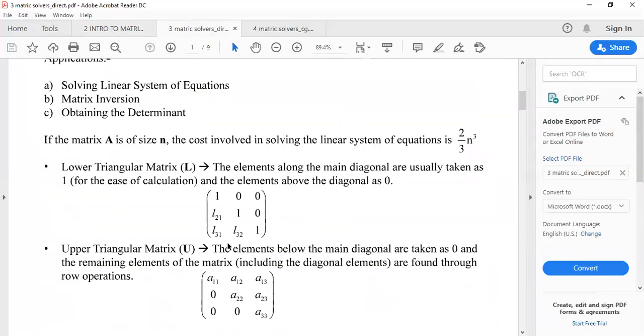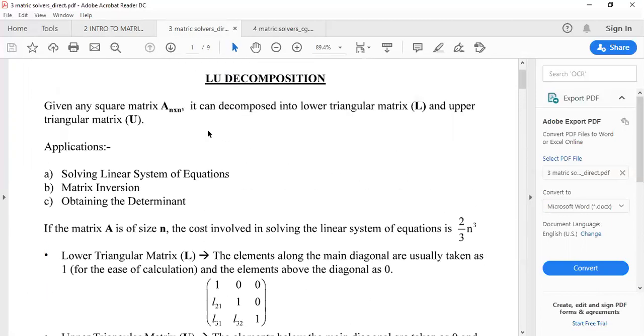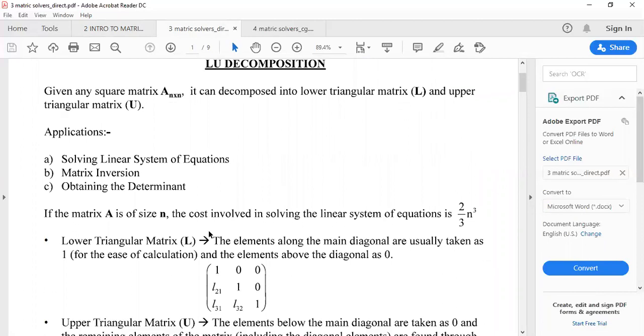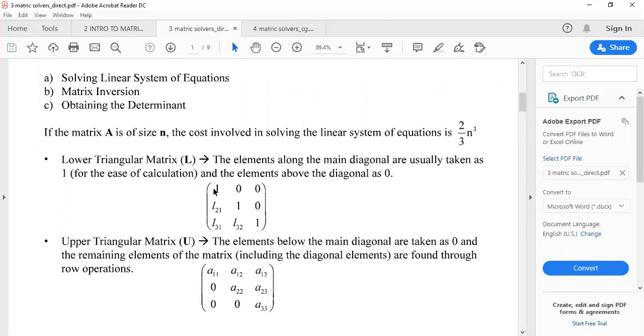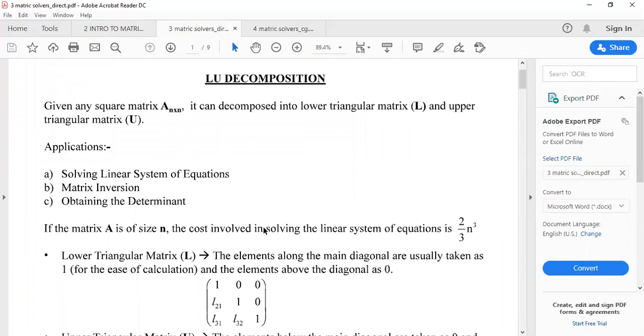The matrix operations are performed in such a way that the upper matrix will have entries like this, and the lower matrix will have main diagonal elements as 1, with the corresponding lower elements. If we multiply L and U, we end up with the A matrix again. So A is decomposed into L and U, and that's the idea.